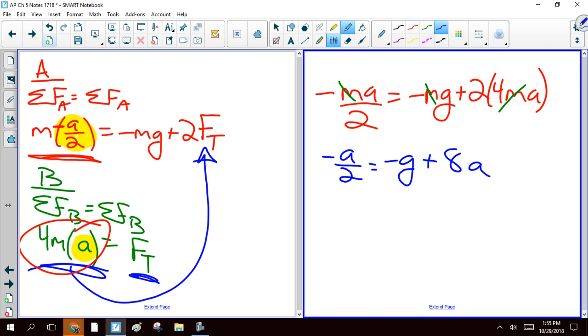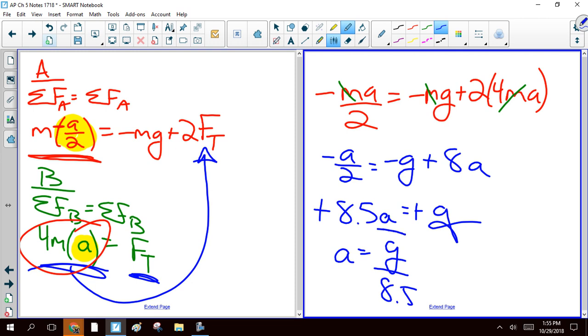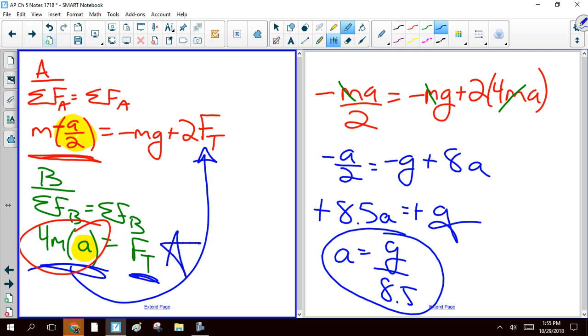So let's see, if I subtract, I'm going to get, let's do this, negative 8.5a equals negative g. Cancel out the negatives. A is g over 8.5. So there's our acceleration. Okay? And so now you could go back and find your tension just by plugging it in right here, right?